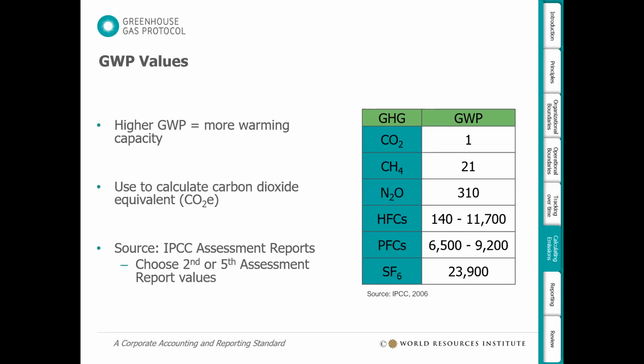Companies can use the values from the older report, the second assessment report, because those values are still used in national inventories, and companies may be required to use those GWP values for reporting under mandatory government schemes. I would say, though, that if a company is just starting out to develop its inventory, then we'd recommend the use of the GWP values from the fifth assessment report, because those would reflect the most recent scientific understanding of the impacts of different greenhouse gases.